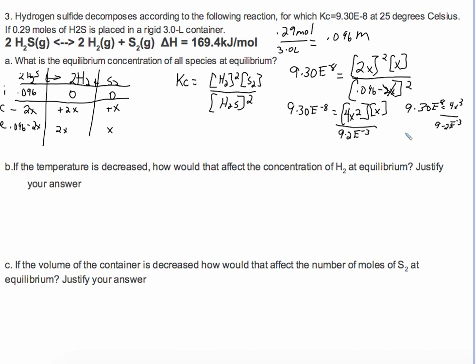All right, now let me just solve this. So 9.2 e to the negative 3, and we'll take that times 9.3 e to the negative 8, and then we'll divide that by 4, and then we'll take the cube root of that.